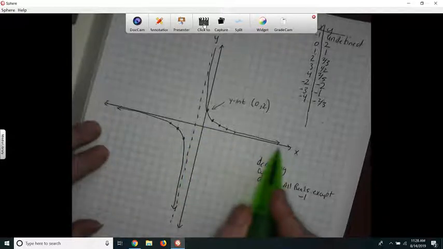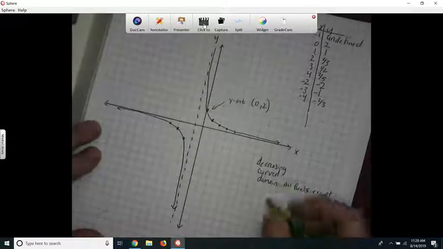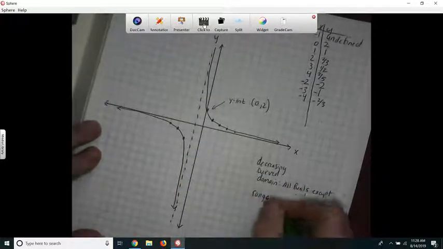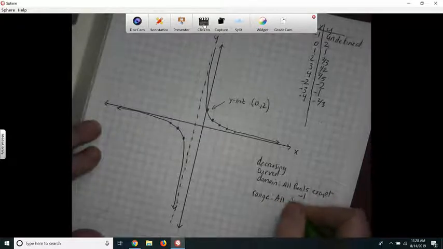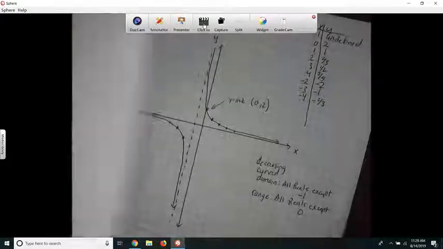And see how there's no x value for where y is 0. So if I said range, I would say all the real numbers except 0. So I like how this, I mean, you got your answer key right here. That looks nice.